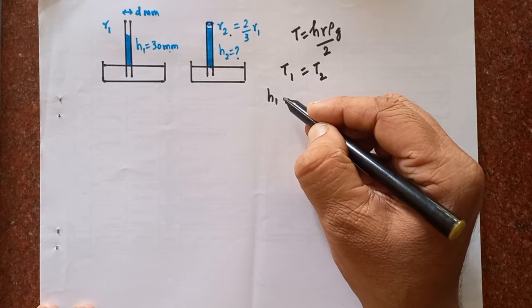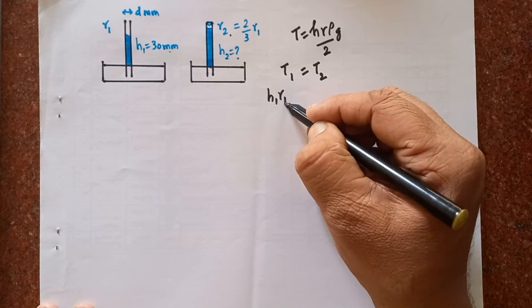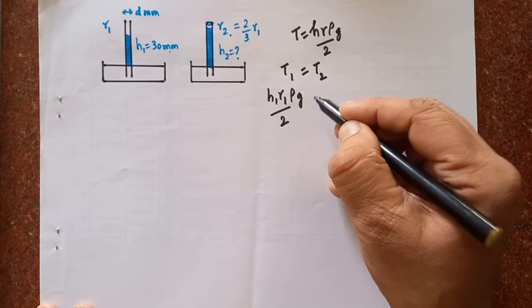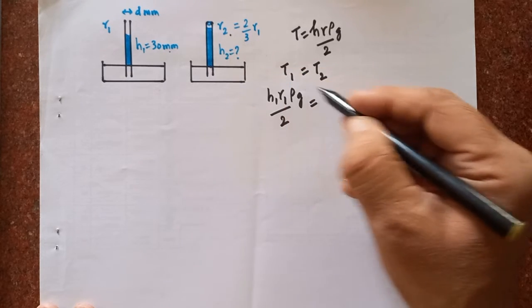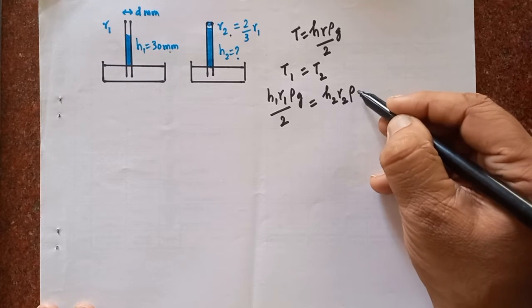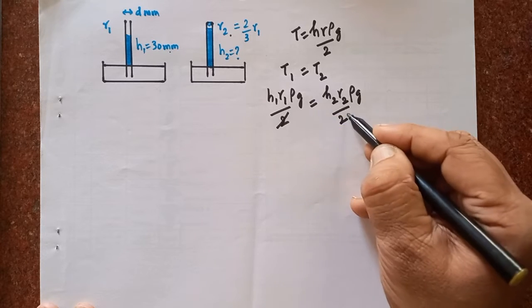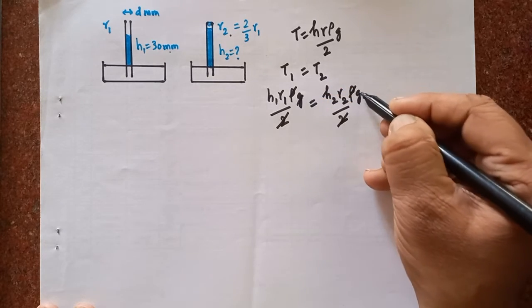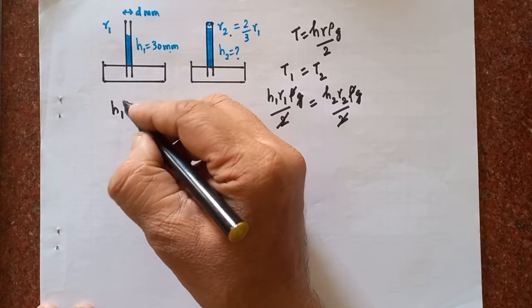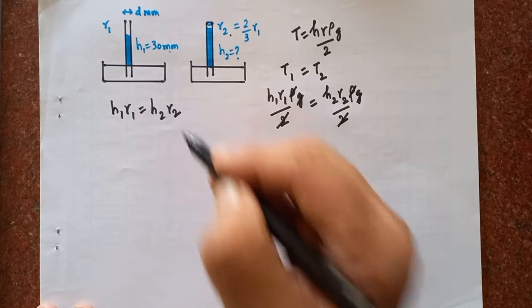H1, height of the liquid column in the first capillary tube, radius R1, density is same, g is same, divided by 2. Here also for the second case we can write it as H2 R2 rho g by 2. The 2 can be cancelled, rho g can be cancelled. So the remaining formula is H1 R1 is equal to H2 R2, which is the required formula.